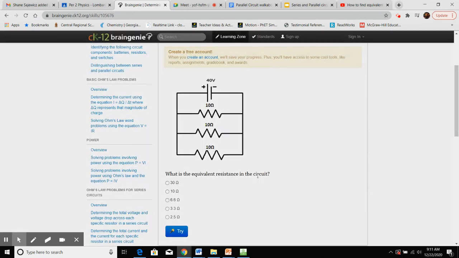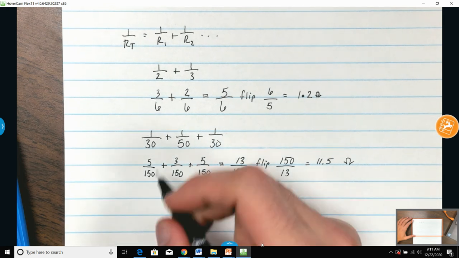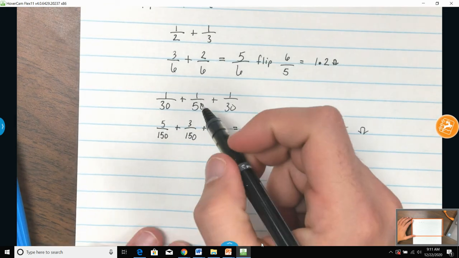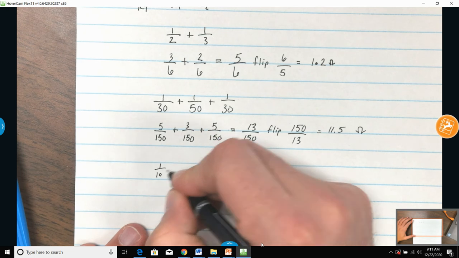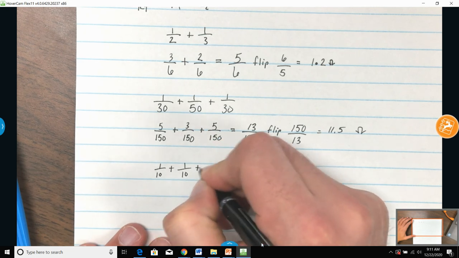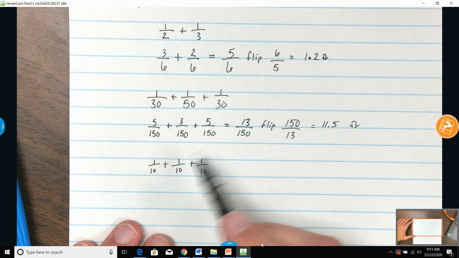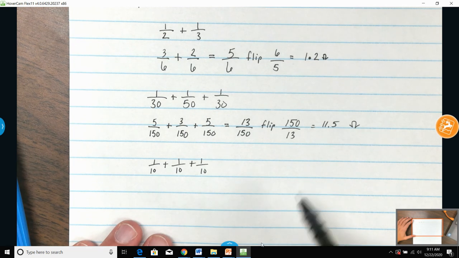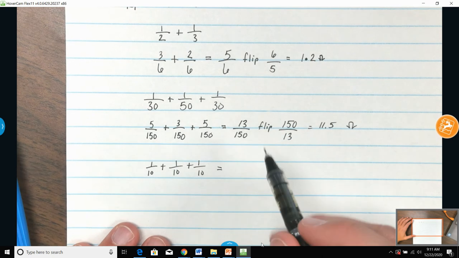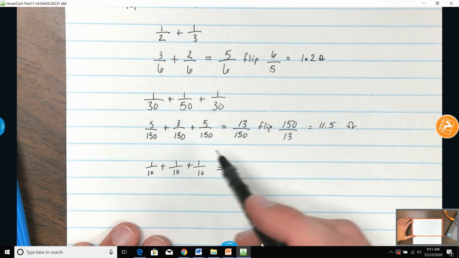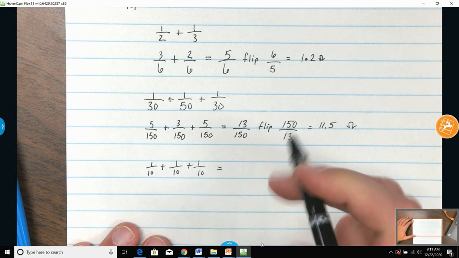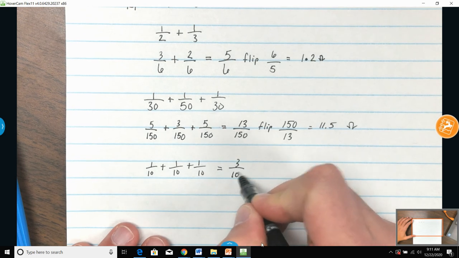We already did this one. What about this one? We have 3 resistors, and they're each 10. So we would do 1 over 10 plus 1 over 10 plus 1 over 10. What's beautiful about this one is the denominators are already all equal, so we can skip finding the lowest common multiple and just add the tops together, which is a 3, with the bottom a 10.